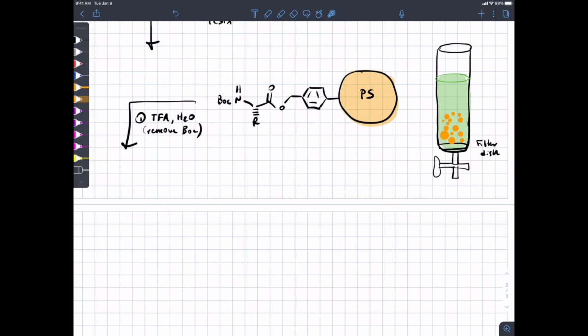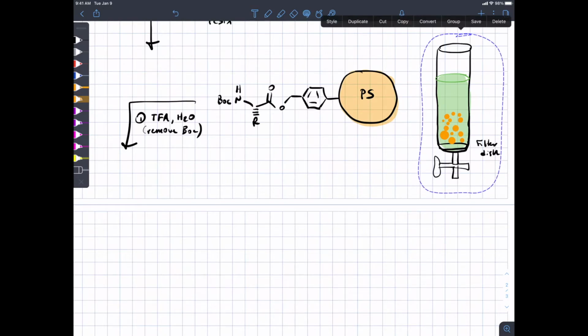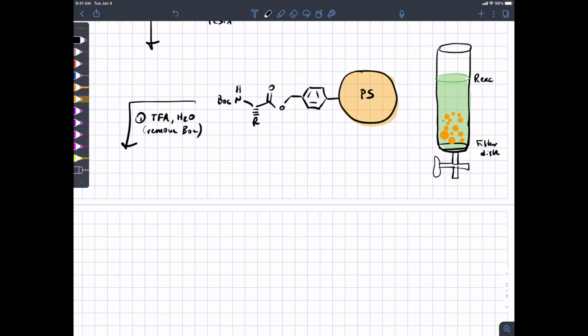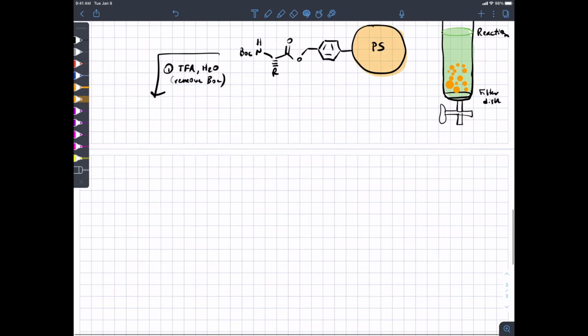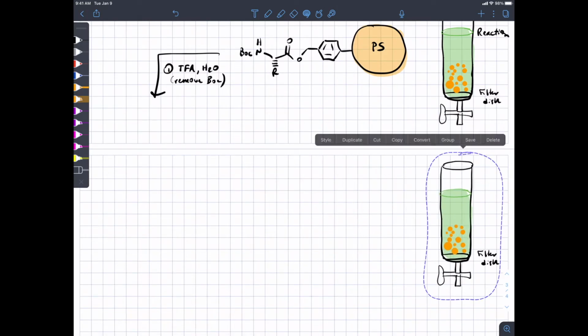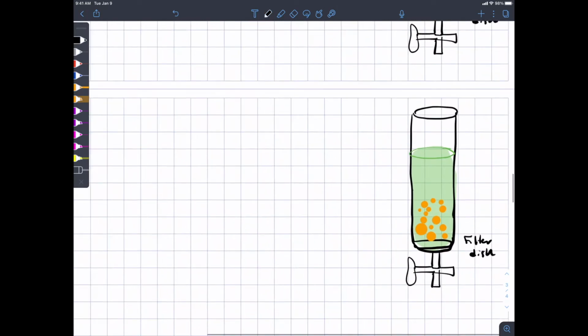But then when you're done, instead of having to isolate the product, all you do is you open up the stopcock, and that gets rid of all of the reaction, but your product stays in the syringe by physical separation. So how are we going to show this?